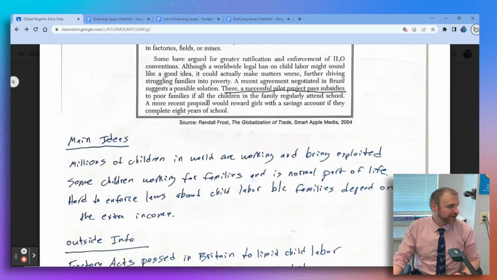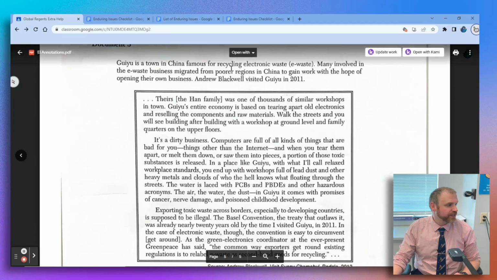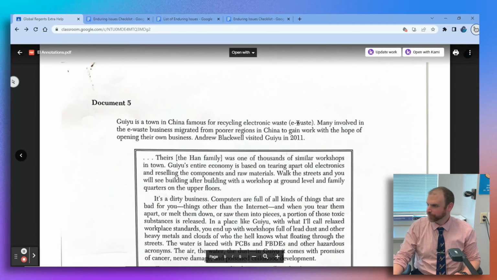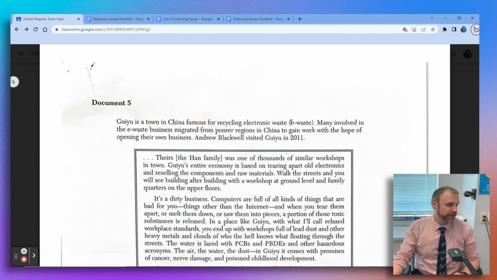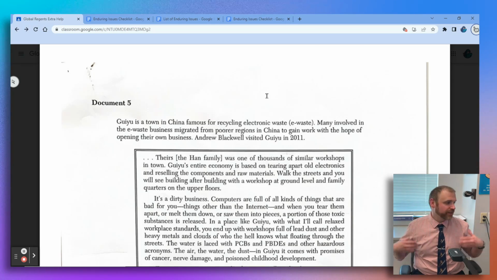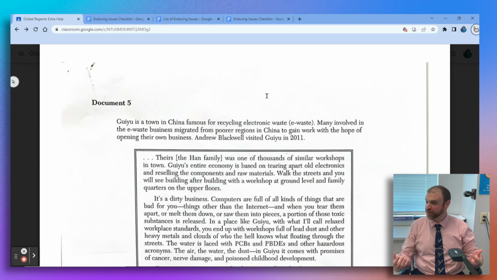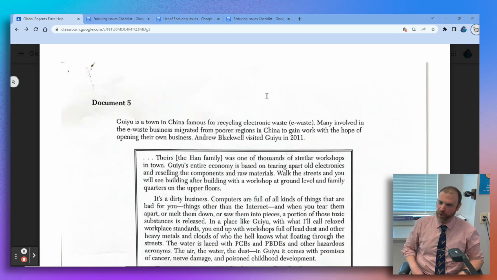And then for document 5, we call this e-waste recycling in China. Okay, so now I can refer to these documents as actual events in history and not just random document numbers. And you'll see how this comes into play in a second, why we go through this step.